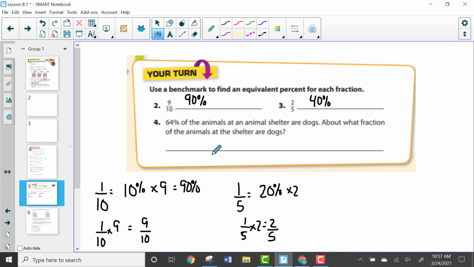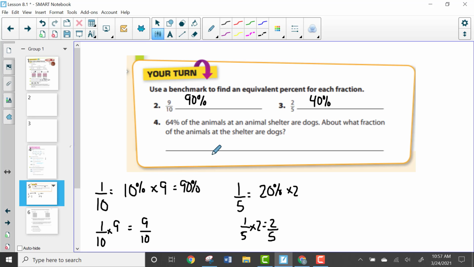Looking at number 4, it says 64% of the animals at an animal shelter are dogs. About what fraction of the animals at the shelter are dogs? We can take a look at those benchmark percentages and fractions on page 205, and we can see that 64% is very close to 66 2/3%.